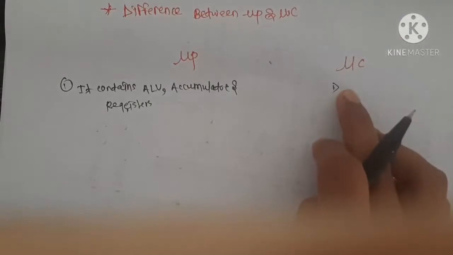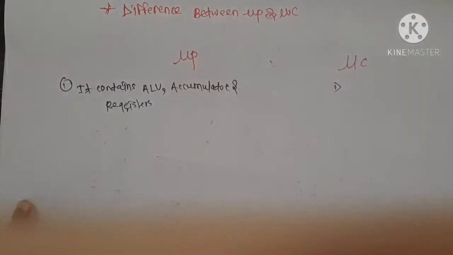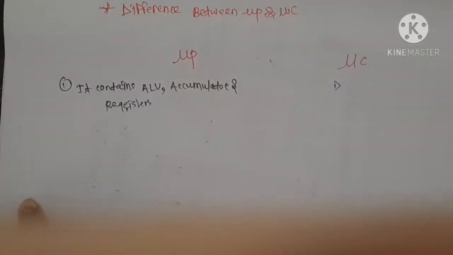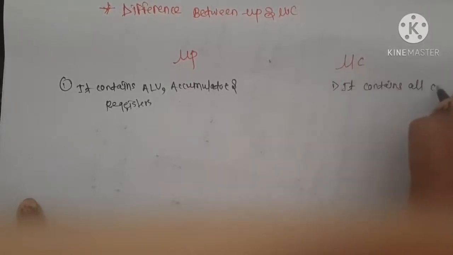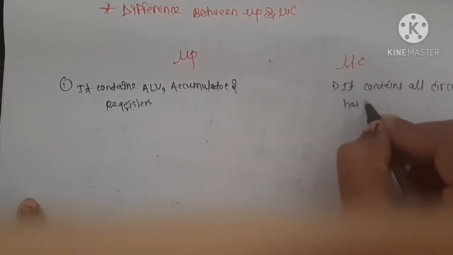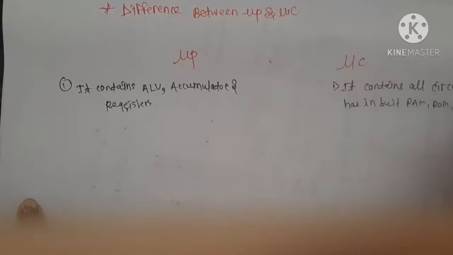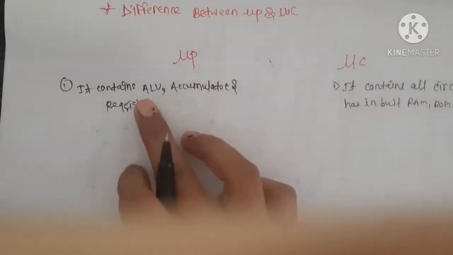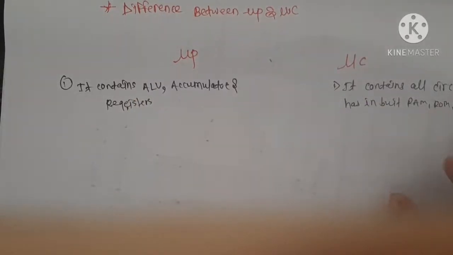And the microcontroller contains all the circuitry present in the microprocessor, and additionally built-in memory like RAM, ROM, and input output devices. Means it contains the microprocessor components as well as additional memory components and input output devices.